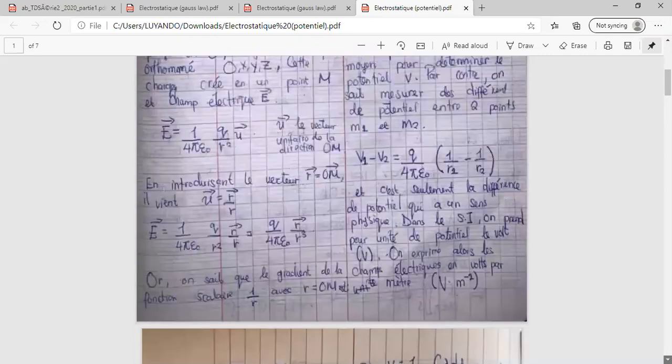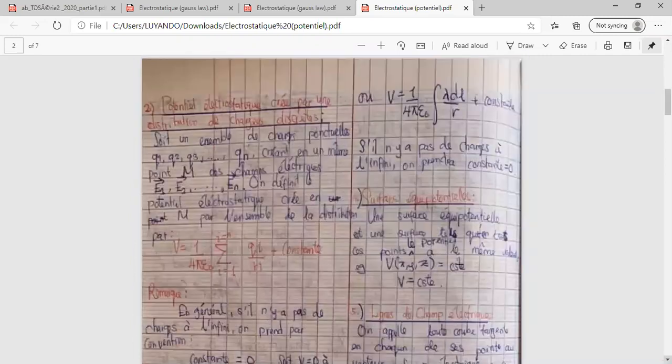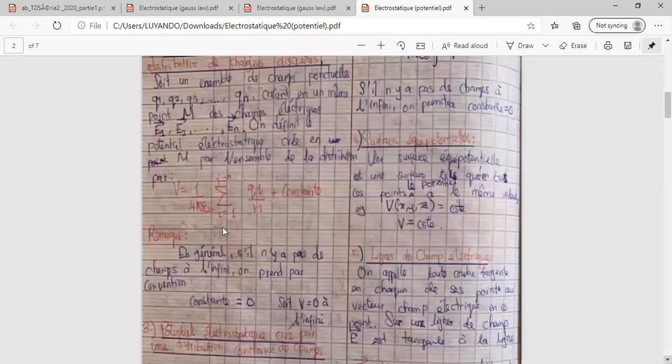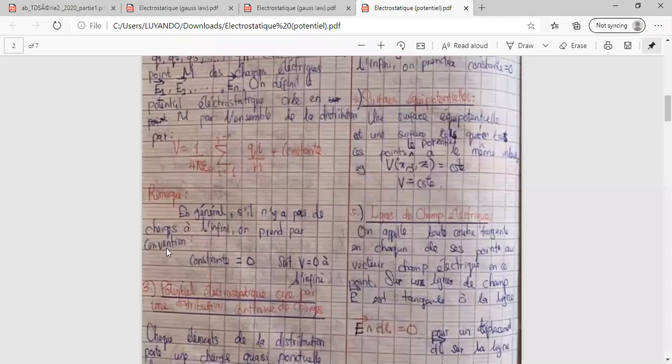And then, what's this remark? In general, if there is no charge at infinity, by convention the constant is equal to 0, so V is equal to 0 at infinity.